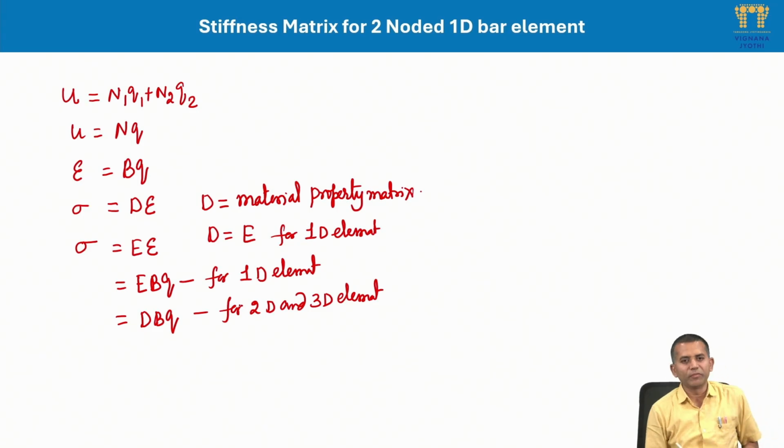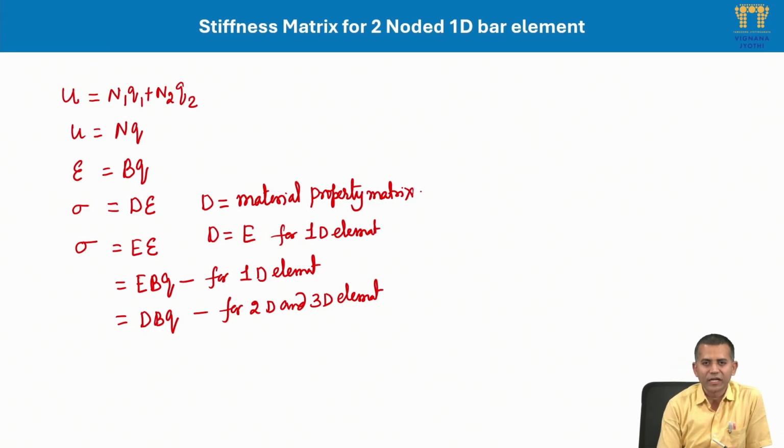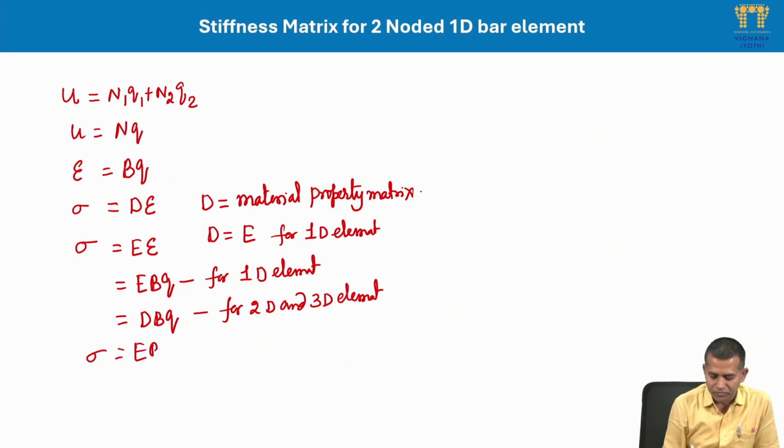If it is a 2D element, then this D, the material property matrix, will be a 2 by 2 matrix, and for a 3-dimensional element it will be a 3 by 3 square matrix. That we will see in further lectures. But today the focus is only on one-dimensional elements. That's why we will get this stress as EBQ. So this way we got the three important expressions.